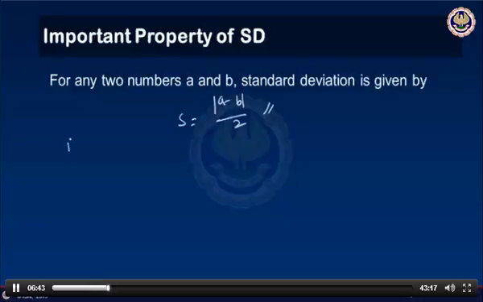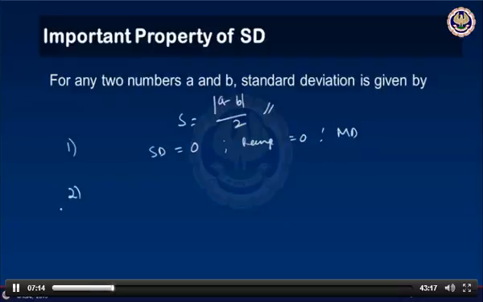This is an important property from the examination point of view also. In the case of range it is also 0, and in the case of mean deviation the same condition holds.